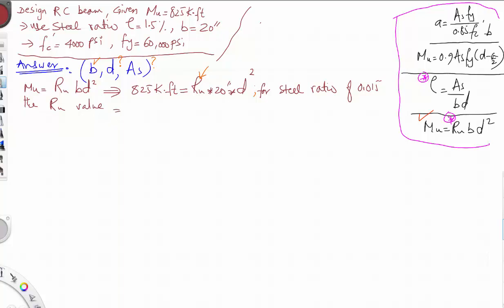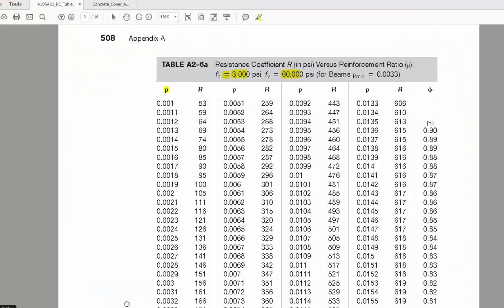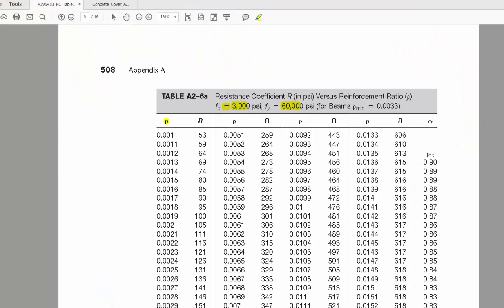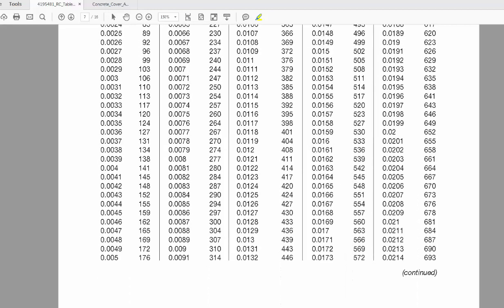So let's go to the tables. Keep in mind we have concrete 4,000 and steel 60,000, okay? Because we need to know this from tables. So I'll look for 4,000 and 60,000.